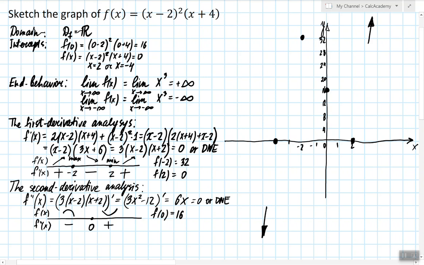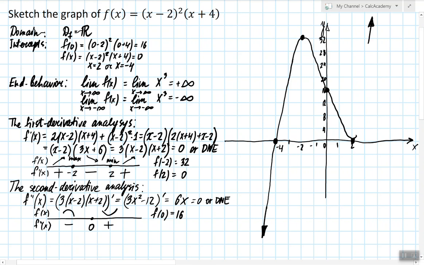And to sketch the graph, I'm going to go from the left to the right, and the function is increasing, and it starts at -infinity, passes through the x-intercept at -4, and then continues to increase concave down, reaches the maximum at -2, turns around while still concave down, and heads towards the y-intercept, at which the concavity changes to positive, but the function continues to decrease until it reaches the relative minimum at 2.